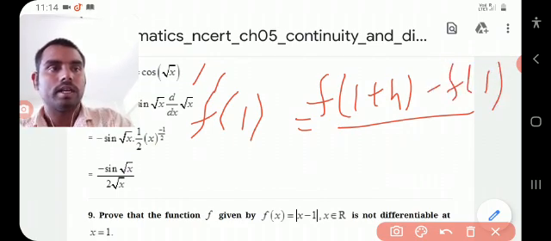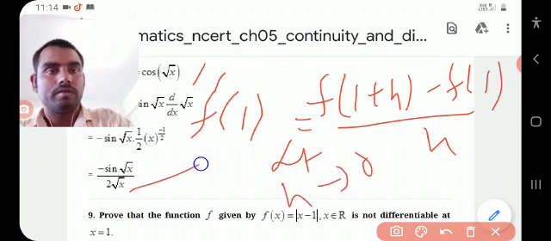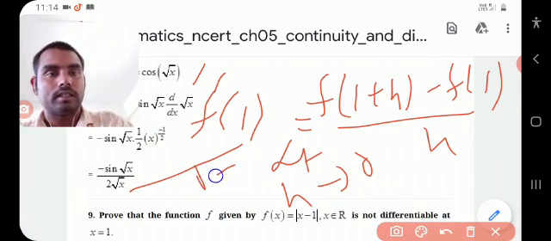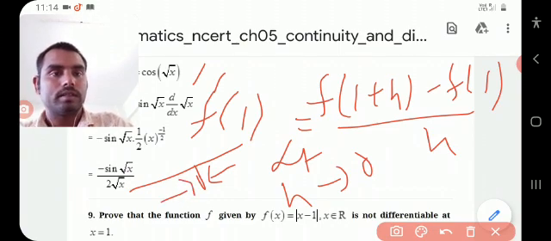Instead of x you write 1, because differentiable at x equal to 1. Here h tends to 0. If it is at 1 point, towards the right hand side, it is the right part.